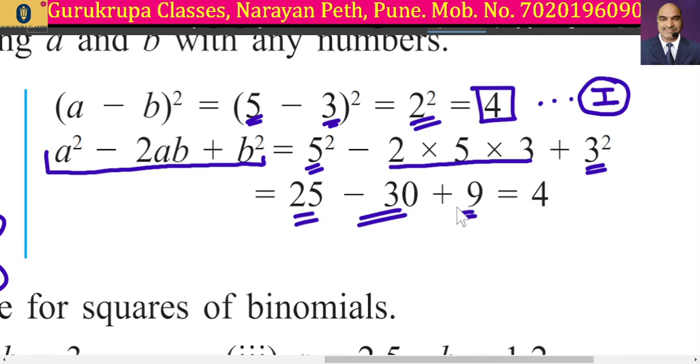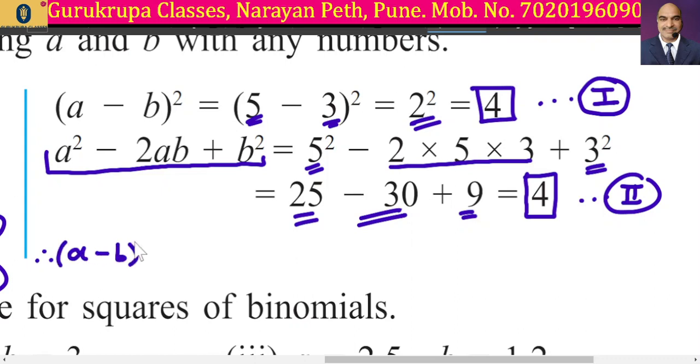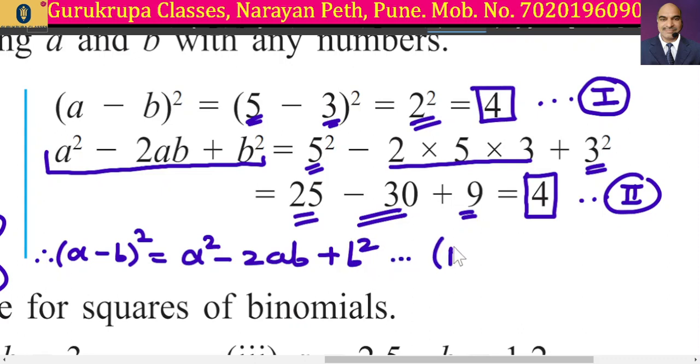So 25 plus 9, 34, and 34 minus 30, again we got the answer 4. That is our statement number 2. So therefore here also we have proved that a minus b whole square is equal to a square minus 2ab plus b square. It is true for any value of a and b.